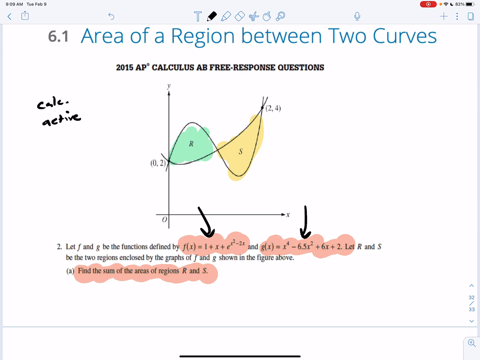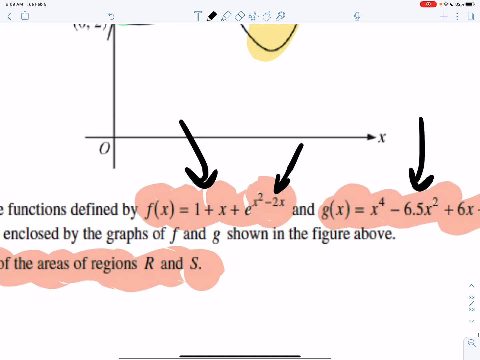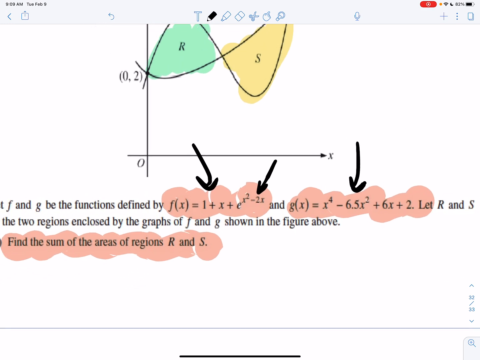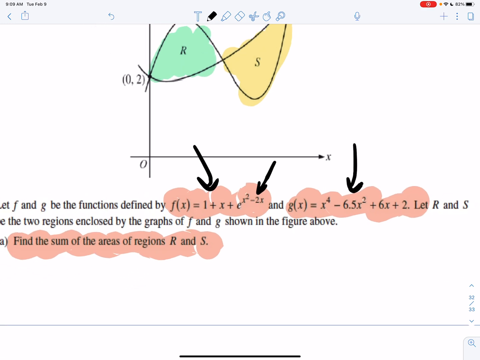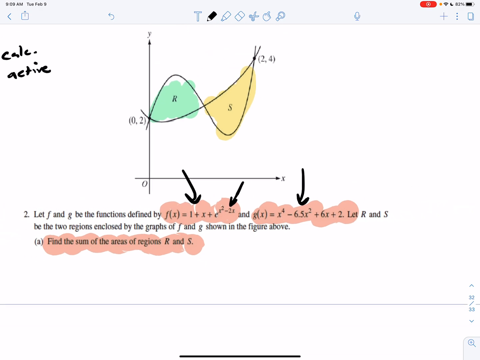Okay. So some things to troubleshoot. If you're not getting the picture, it could be that you didn't put the minus 2x up in the exponent right there. So it's e to the x squared minus 2x altogether. Everything else should be, there shouldn't be any other syntax errors.